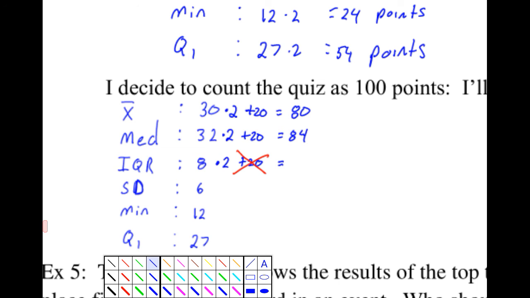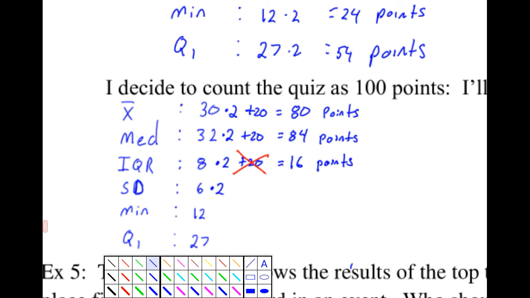The shift has no impact on measures of spread, which are IQR, standard deviation, and the range. So this is just 16, just like it was above. Just like when we doubled it, we get the same thing. Do not shift IQR or standard deviation.